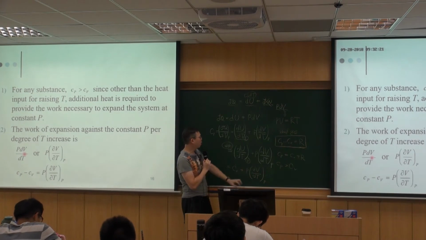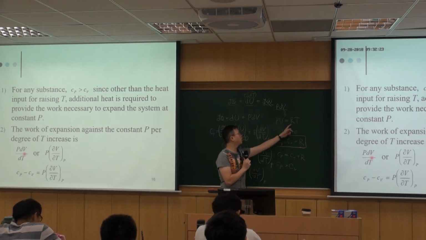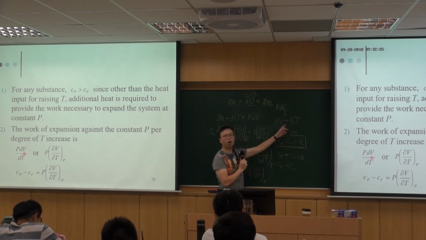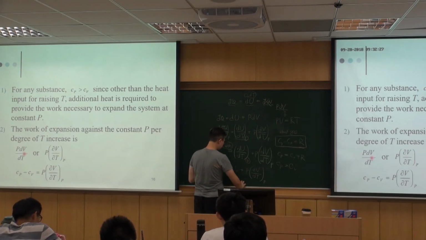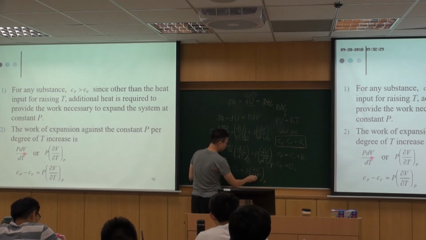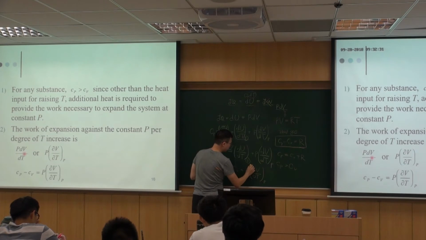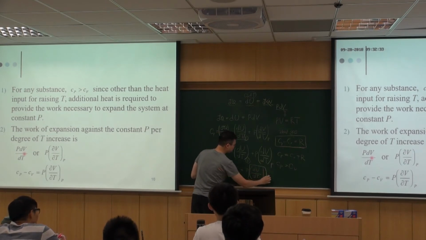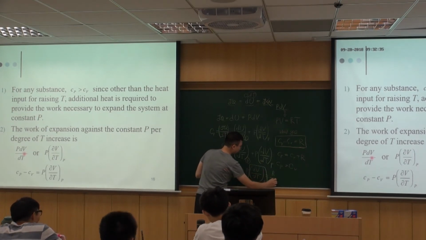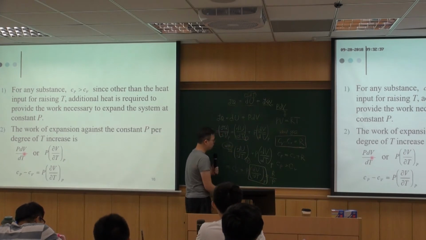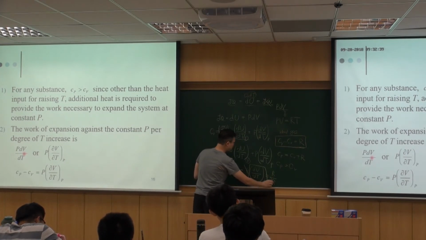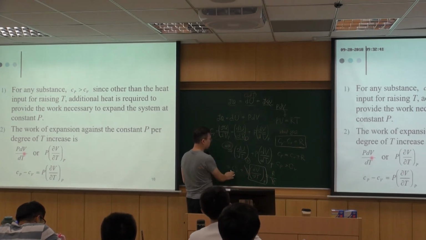And therefore, dV over dT is R over P. So here, this term turns out to be R over P. Therefore, you'll see that Cp is Cv plus R.